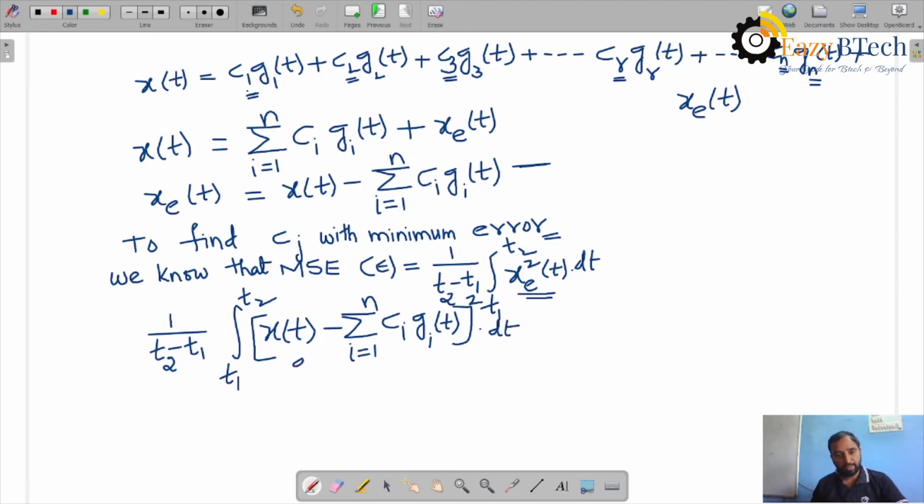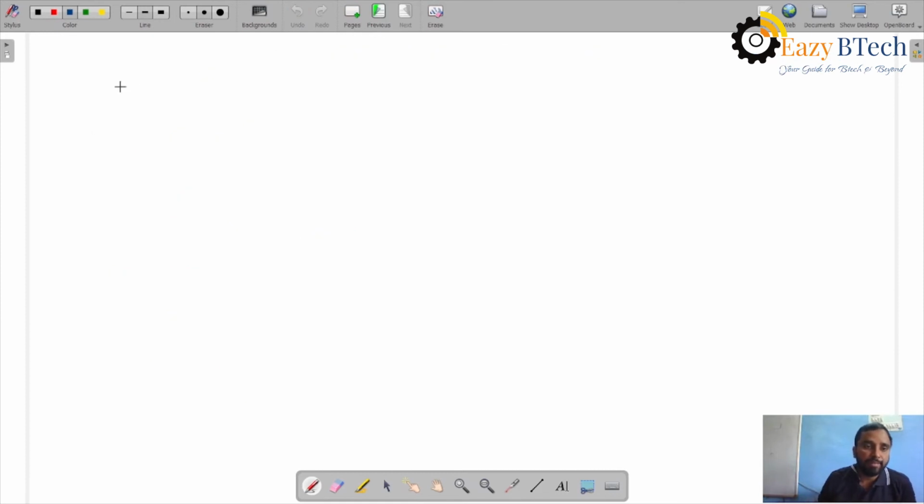Now it is like a minus b whole square, right? So we go for expansion of this a minus b whole square. So let's see that expansion. This is totally epsilon or mean square error. Now epsilon is equal to 1 by t2 minus t1 integral t1 to t2. So first term a square, that is x square of t.